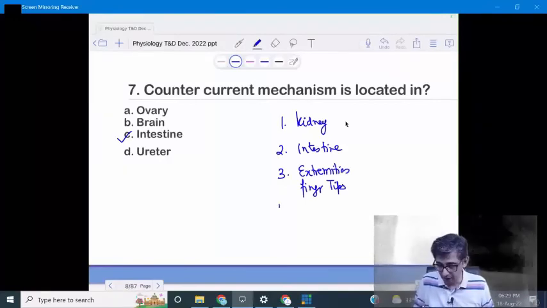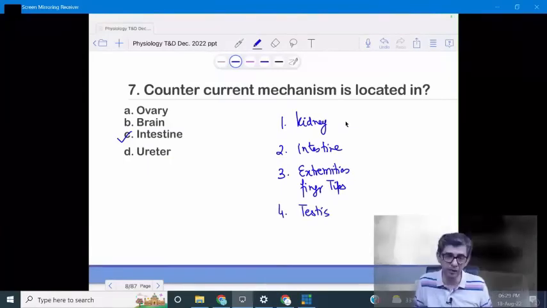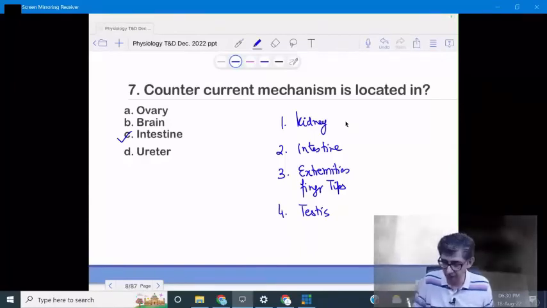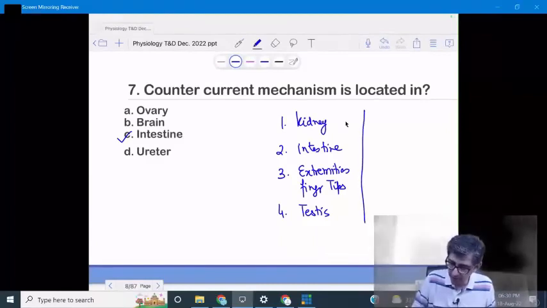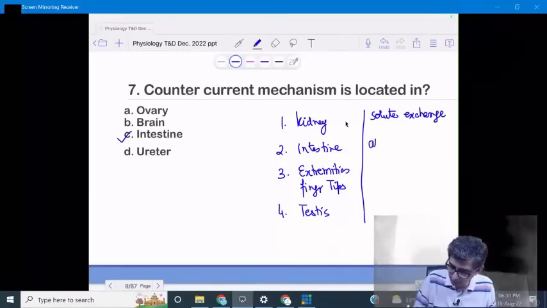And similarly, we also read about counter current mechanism in the testes, because you know the testes should be at a lower temperature as compared to the rest of the body for spermatogenesis. So again, to keep the testes at a lower temperature, the counter current mechanism would be functioning. These are the four sites. Basically, for the first two, I can say it is solute exchange and absorption of nutrients.